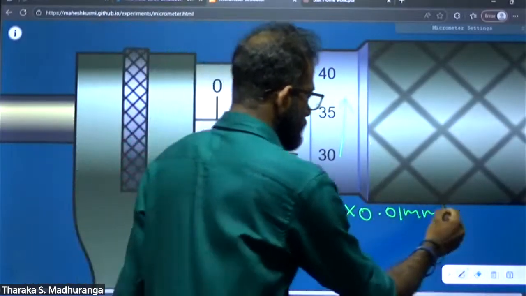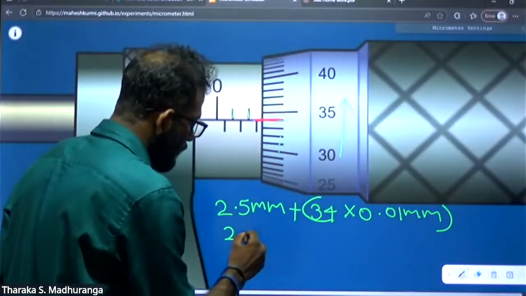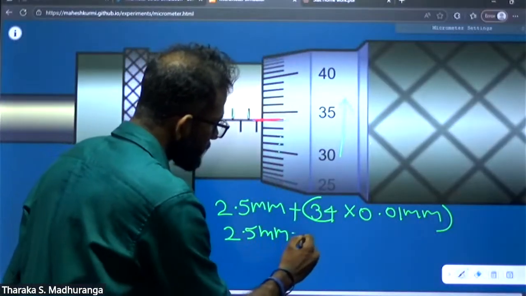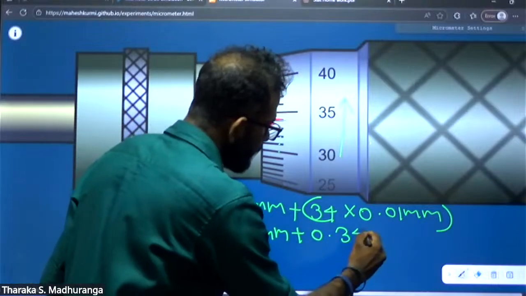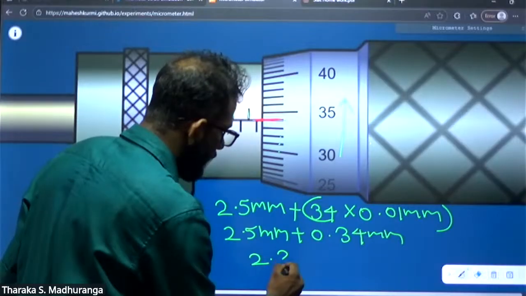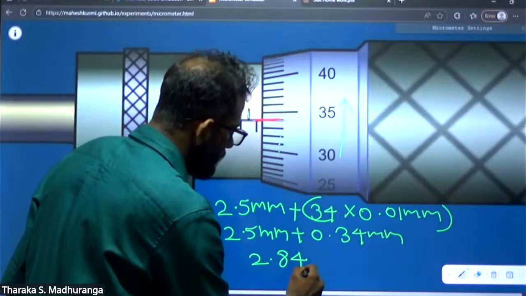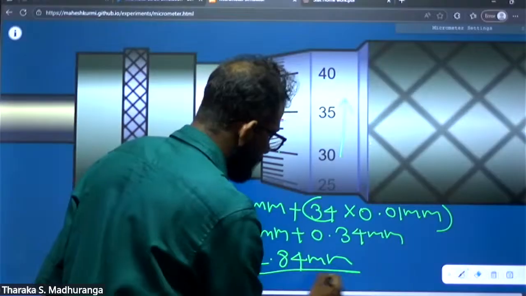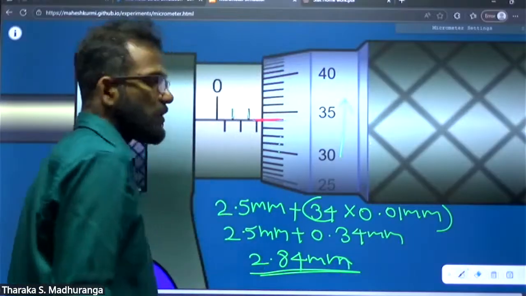Then in brackets, 2.5 millimeter plus 0.34 millimeter. It is 2.84 millimeter. 2.84 millimeter.